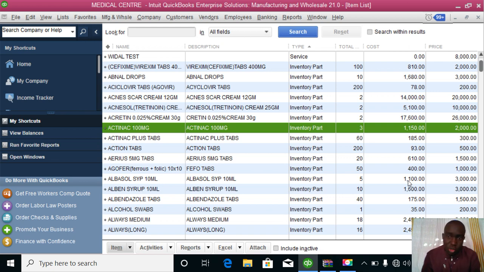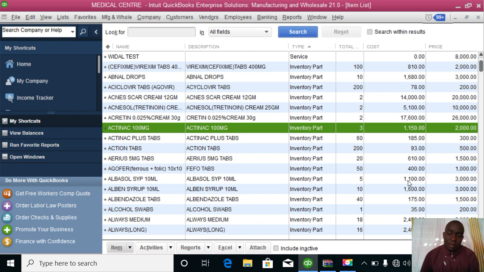So this one can show us that we only have 3 tablets. That means as we are going through the list, it can easily show us the items which are about to run out of stock. This can help us to avoid the scenarios whereby the doctor will prescribe some drug, then on reaching the pharmacy they tell the client that that drug we don't have.